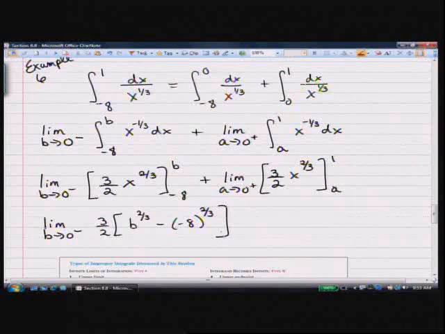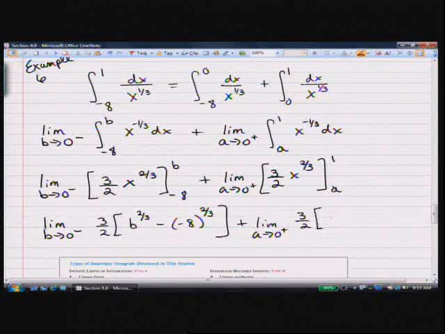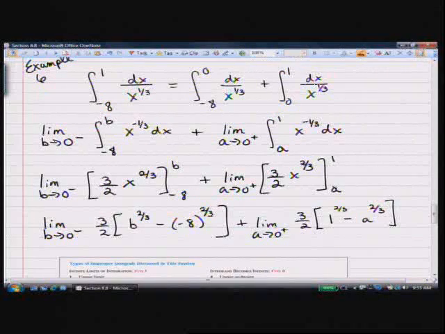And then on this one, it's going to be the limit as a approaches 0 from the right. You can factor that 3/2 out. You're going to have 1 to the 2/3 minus a to the 2/3. Okay, now as you go to 0 from the left, this is going to go to 0.